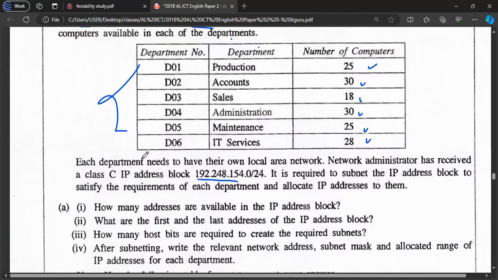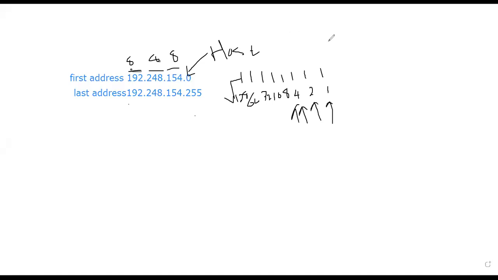Now how to create that? We have the host bits, right? I have already taught you that if you take the allocated IP address range that is given, 192.248.154.0/24, this 24 represents the network bits.